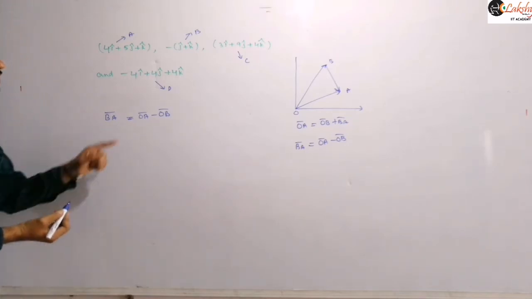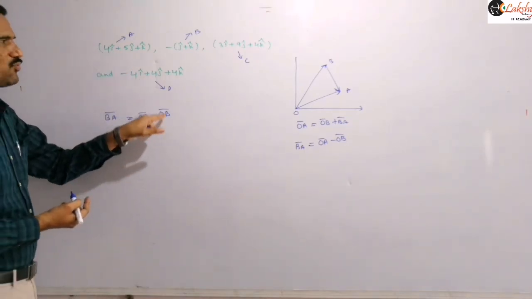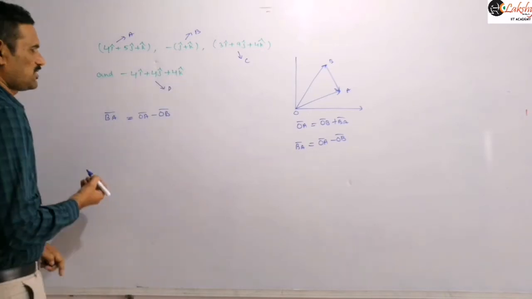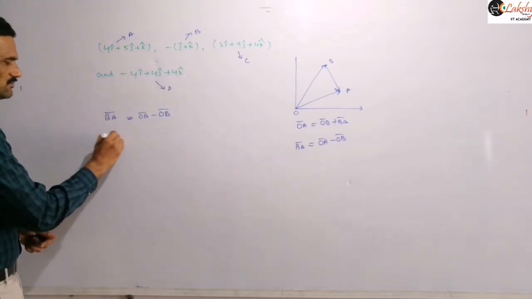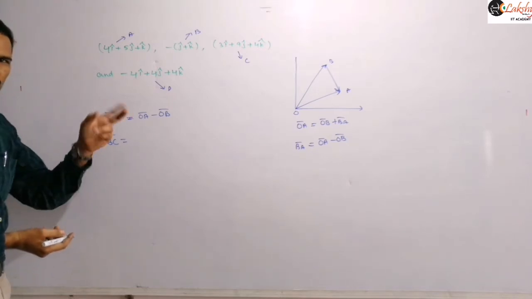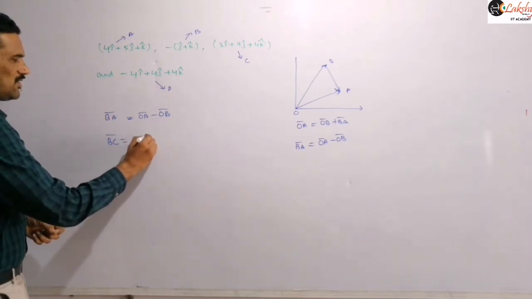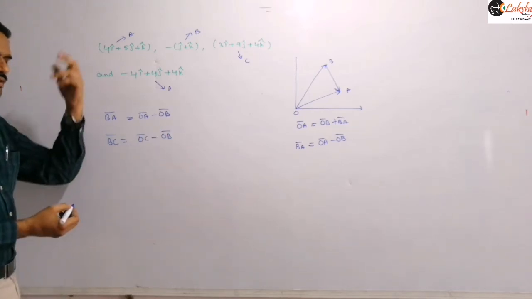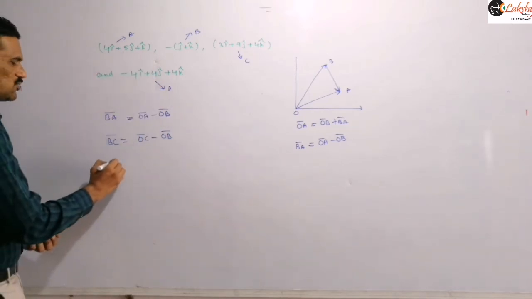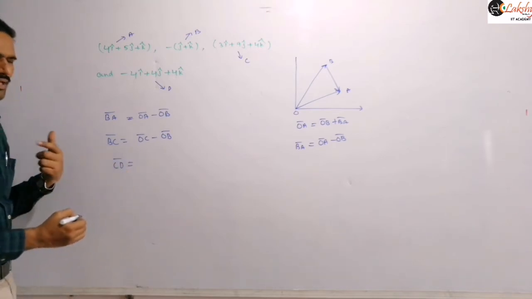Now OA bar is nothing but the position vector of point A, and OB bar is nothing but the position vector of point B. And next similarly, let us take another vector like BC bar, joining the points B and C. In a similar way, you can write this as OC bar minus OB bar. And now including that fourth point, you may take either CD bar or BD bar also.